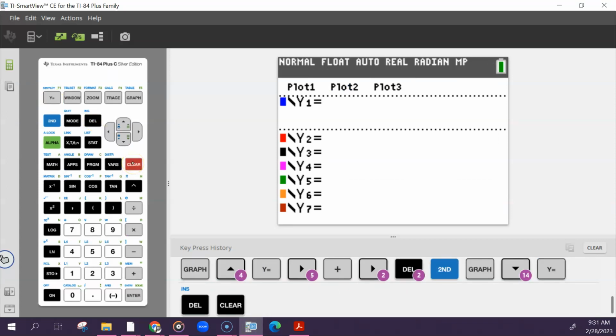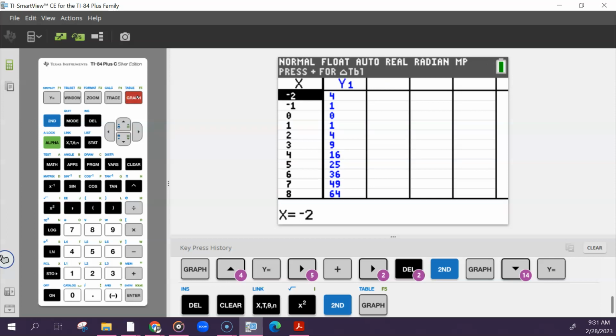So type in x squared. Go to your table, second graph. We already knew what our vertex was, but now we just need to fill in our y values. So we have x is -2, -1, 1, and 2. Put in those y values into your own table. So 4, 1, 1, 4.